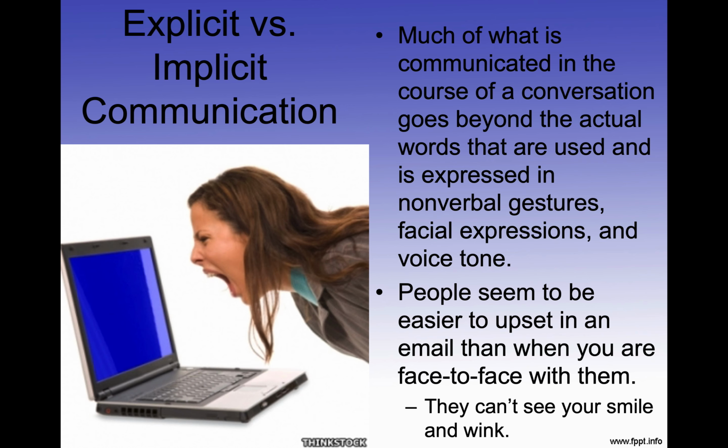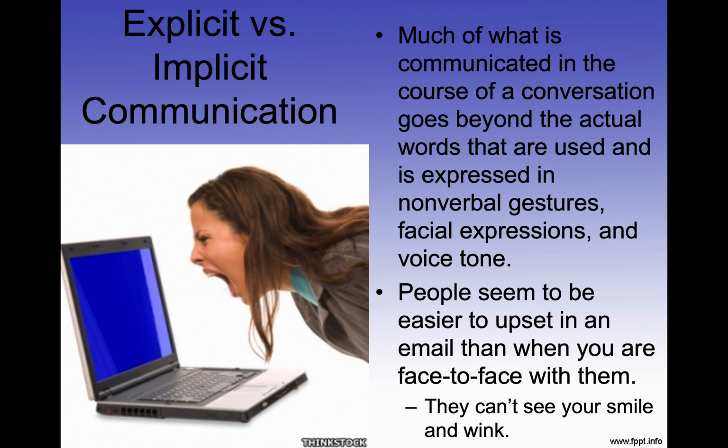Much of what is communicated in the course of a conversation goes beyond the actual words that are used and is expressed in nonverbal gestures, facial expressions, and voice tone. People seem to be easier to upset in an email than when you are face-to-face with them. They can't see your smile and wink.